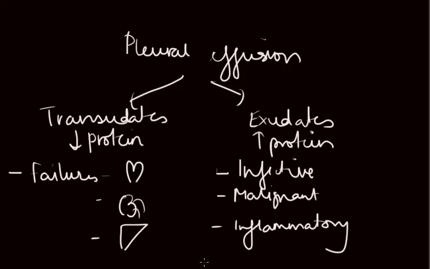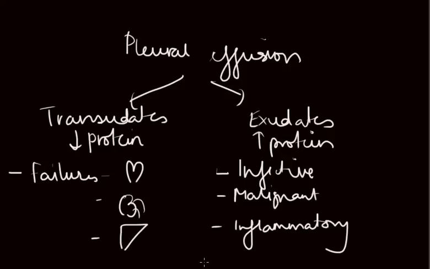So as far as pleural fluid is concerned, this classification is pretty accurate, and you can make a list of differential diagnoses depending on whether on analysis you get a low protein pleural effusion or a high protein pleural effusion.